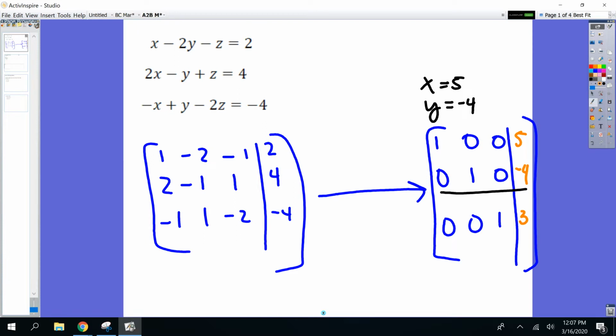And at the bottom, x and y are 0, but now your z equals 1, and we can set that equal to 3. So this is what we're looking for. We need our end matrix to look like that, a bunch of zeros and ones. How we get there is going to be a long process.